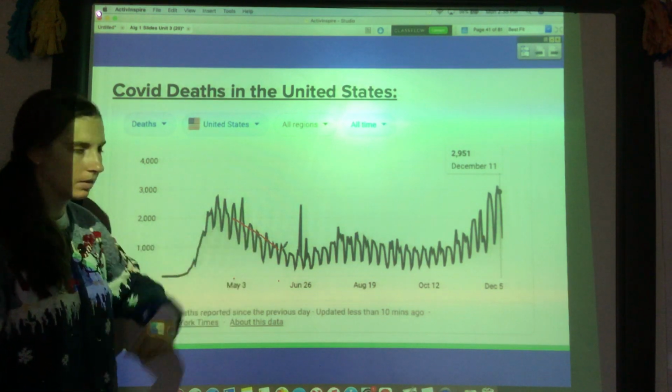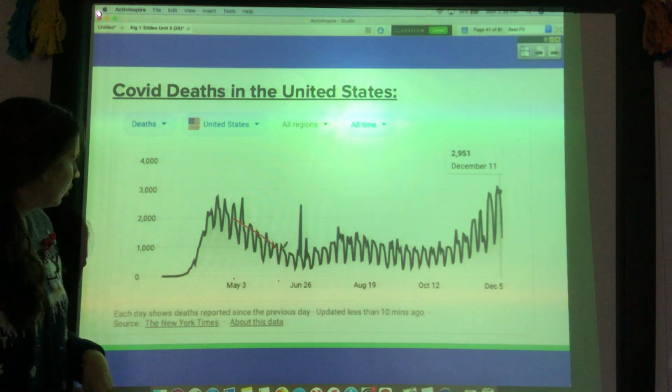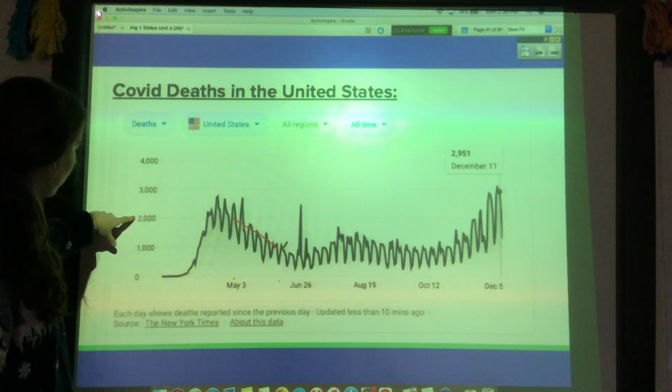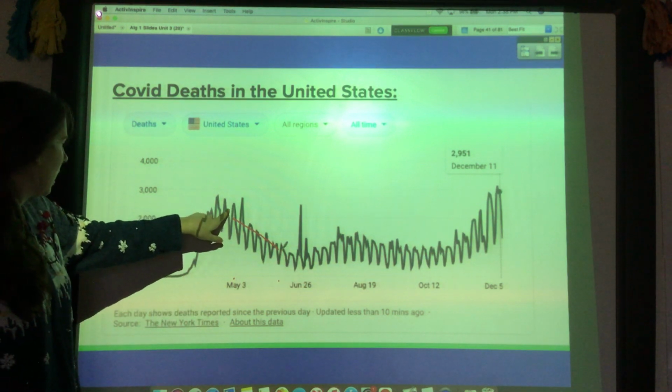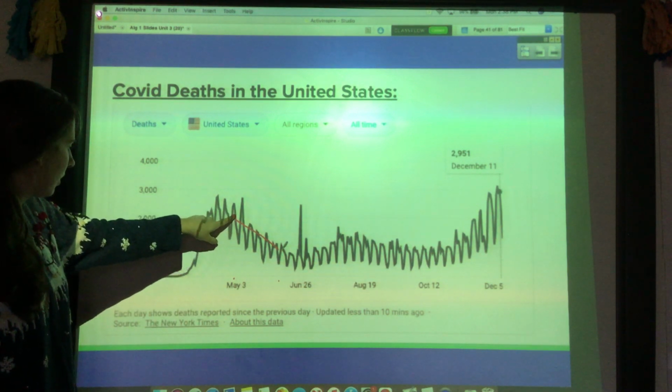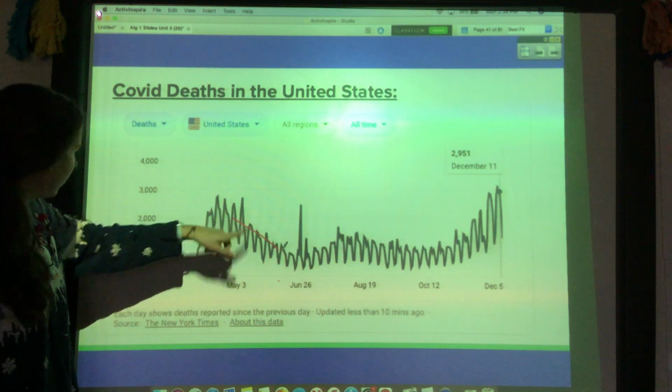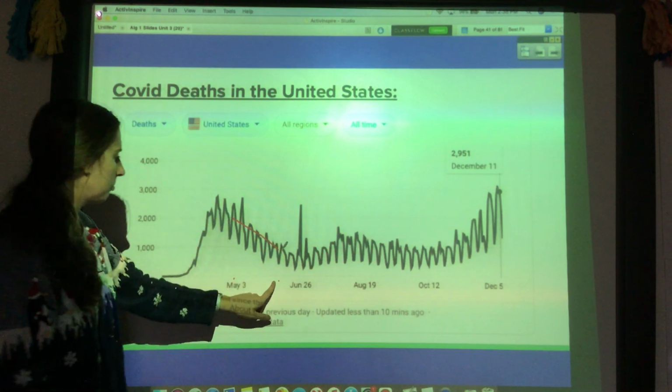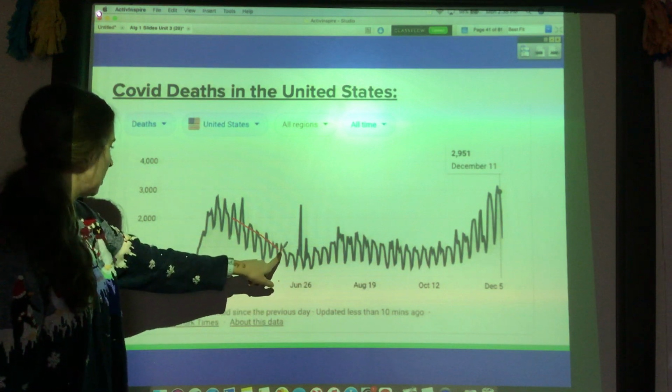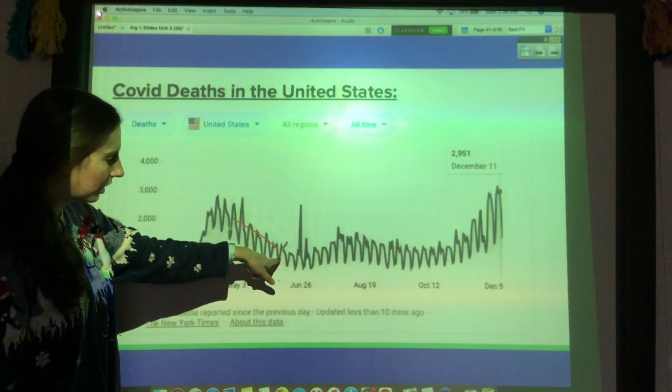There are some bumps, it's a little messy, but generally we might say it went from around 2,000, kind of in the middle here, and then by early June it was around maybe 1,000 or even 500.